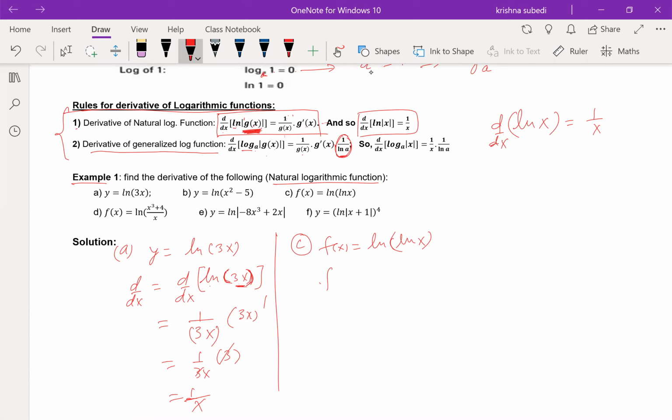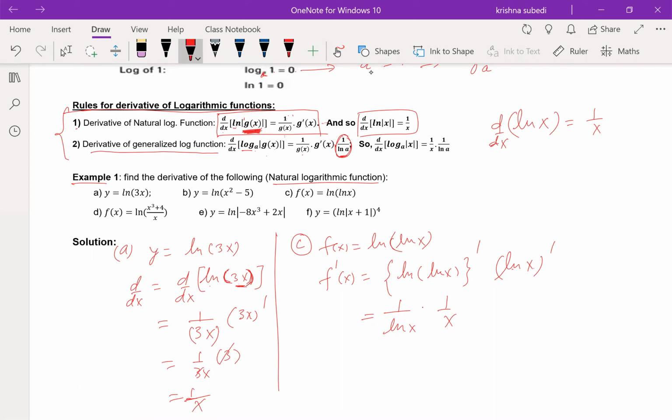So your derivative is going to be, first you need to find the derivative of the whole function, which is ln of ln x, and then you need to find the derivative of the inside. So the derivative of this one will be 1 over ln x, and the derivative of ln x will be 1 over x.